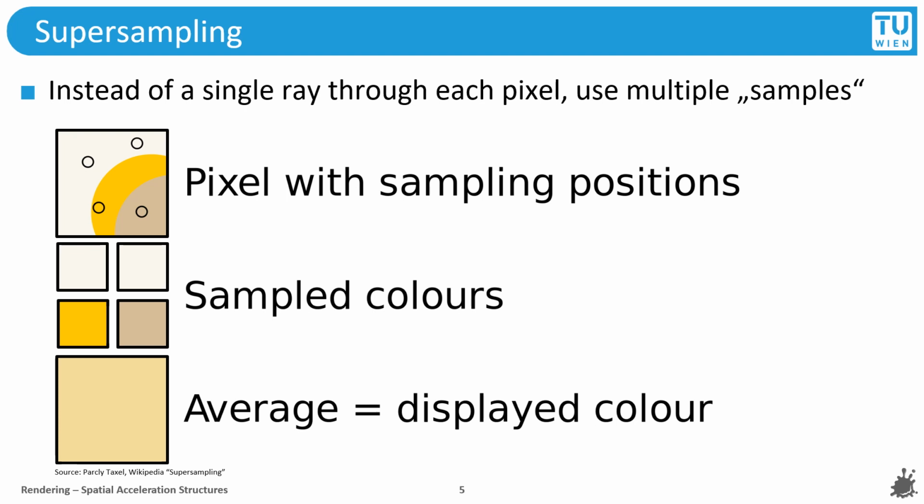You can, for instance, do something like supersampling, where instead of having a single sample per pixel or a single ray per pixel, you actually have multiple samples or multiple rays that go into your scene. You have multiple color values that you get returned from that, and then you apply some sort of filtering onto those sampled color values. In the most basic case, that would simply be computing an average over them.